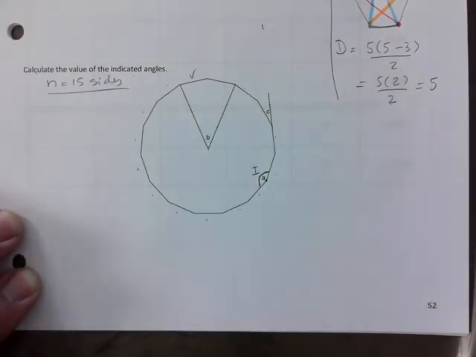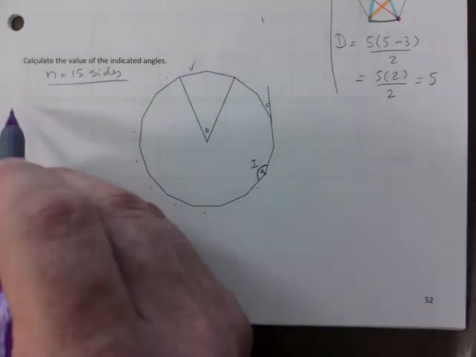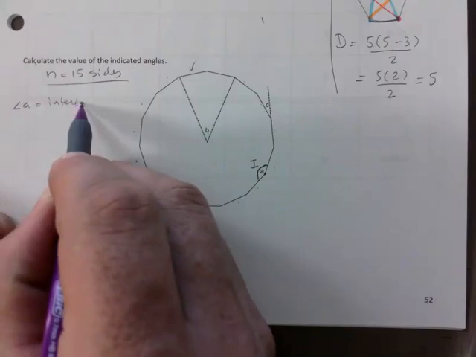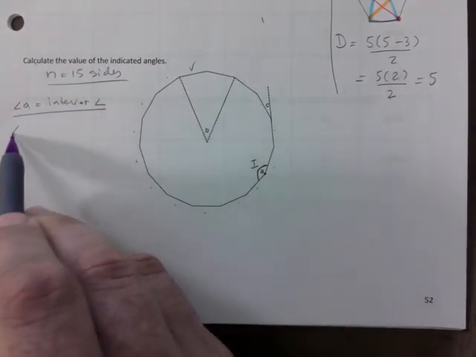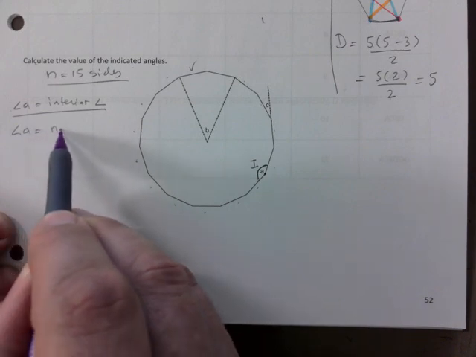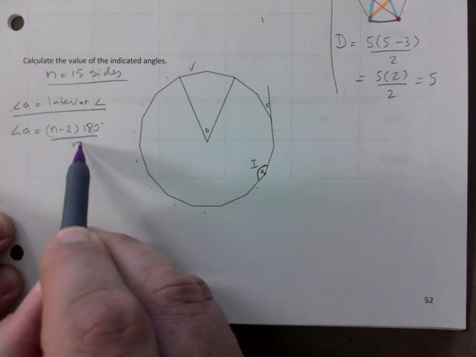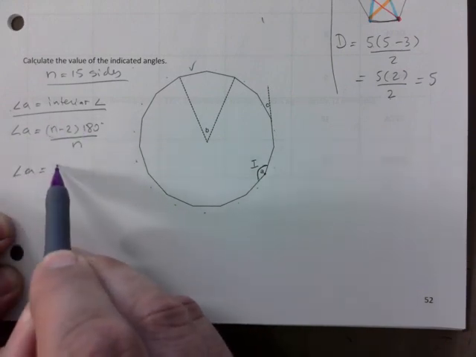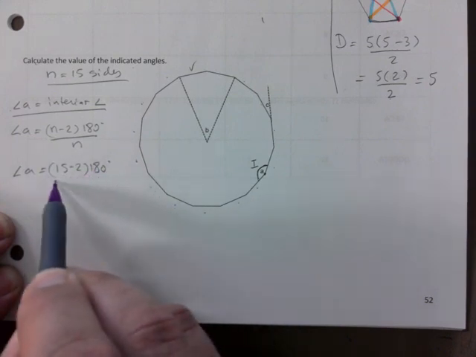That's where it all starts. So angle A is an interior angle. Okay, keep that in mind. So angle A will be n minus 2 times 180 over n. I'm putting down the formula. So this would be 15 minus 2 times 180 over 15.